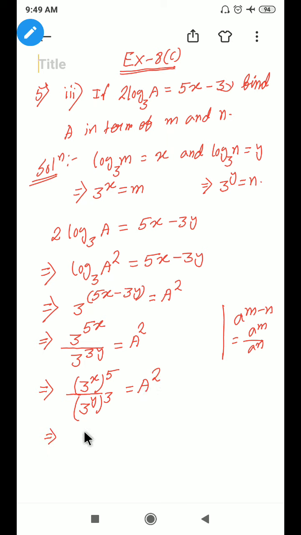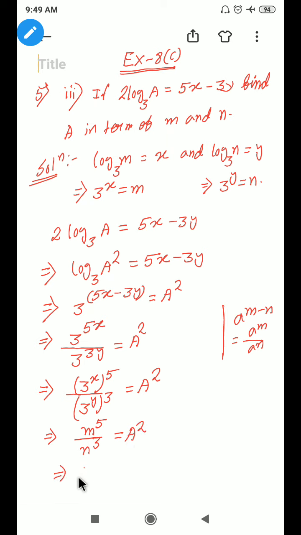So 3 to the power x is equal to m, so you can write m to the power 5, and in the place of 3 to the power y you can write n, so n to the power 3 is equal to a square.